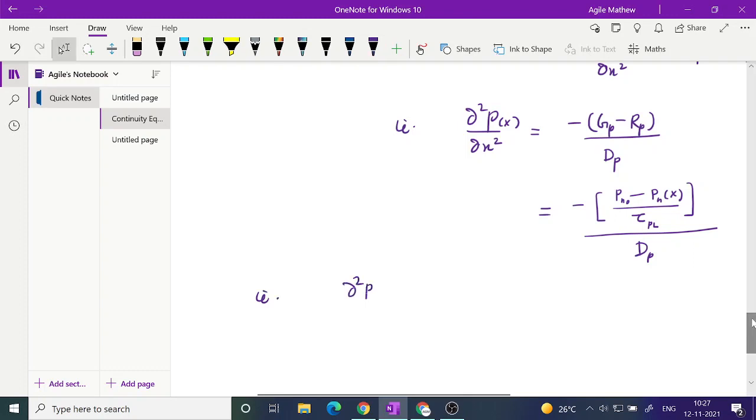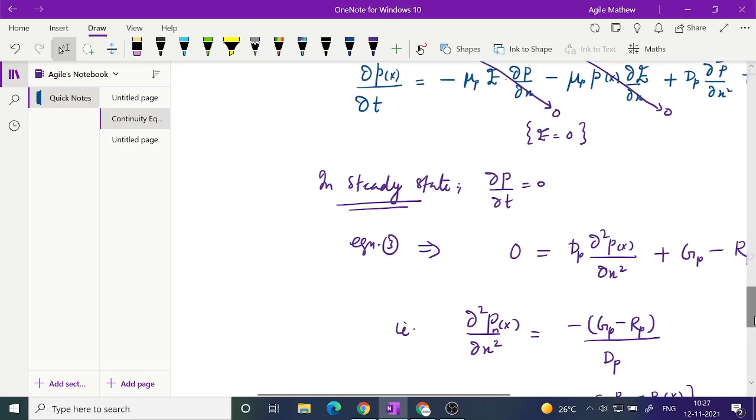dou square P by dou x square. So this is P, or Pn we can write, because it is n-type semiconductor. We are looking at the holes inside the n-type semiconductor. So let's put it as P in the n-type.